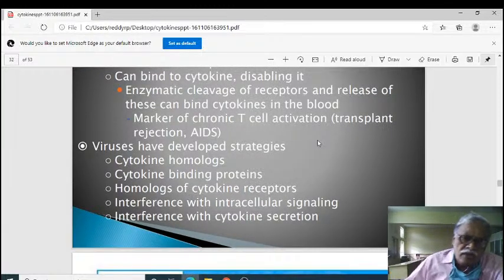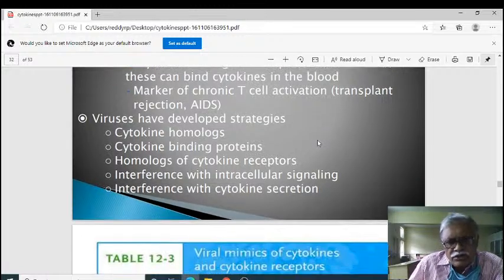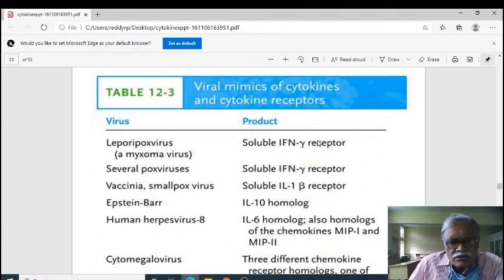Viruses have developed similar strategies: cytokine homologs, cytokine binding proteins, homologs of cytokine receptors, interference with intracellular signaling, and interference with cytokine secretion.